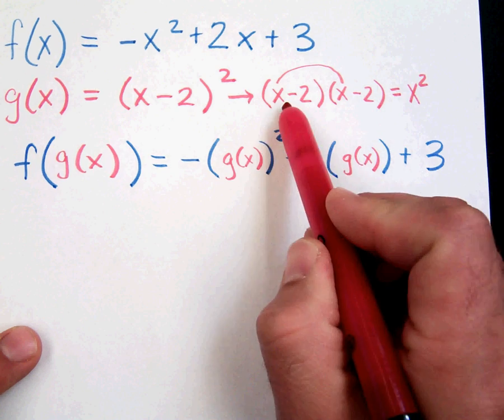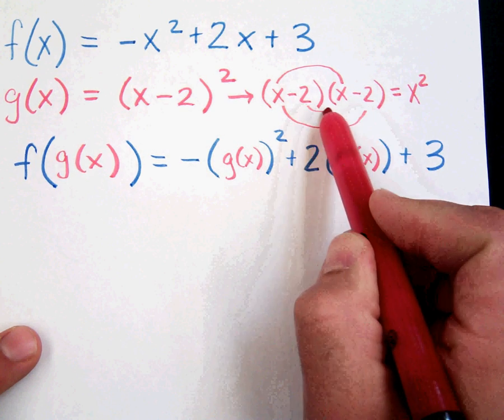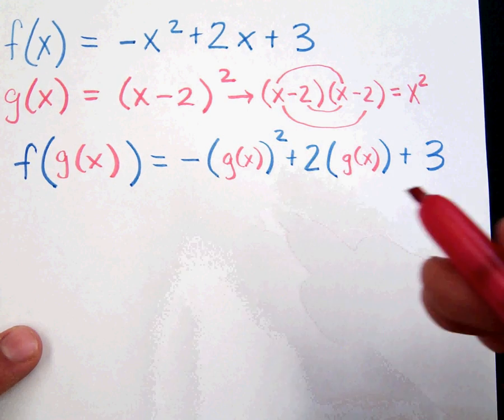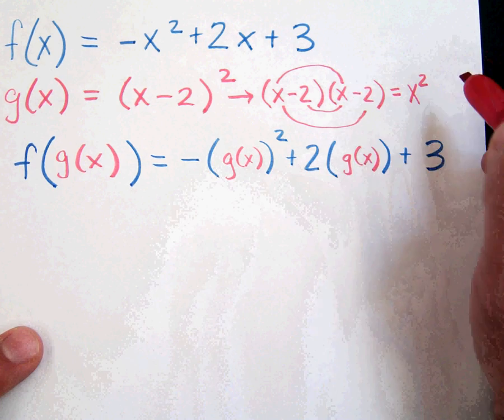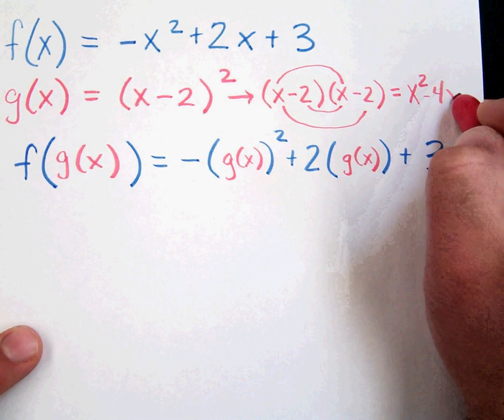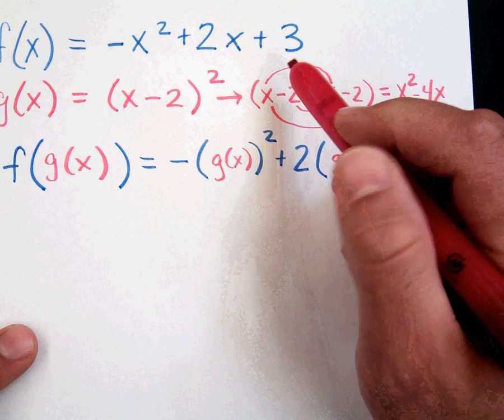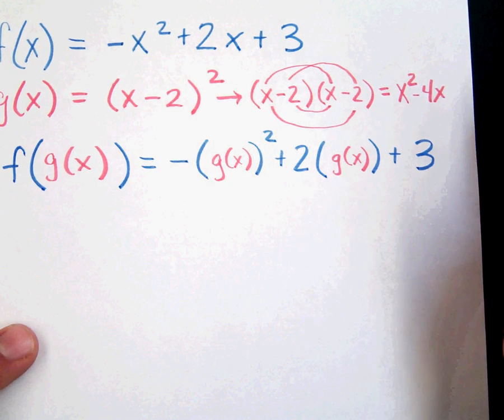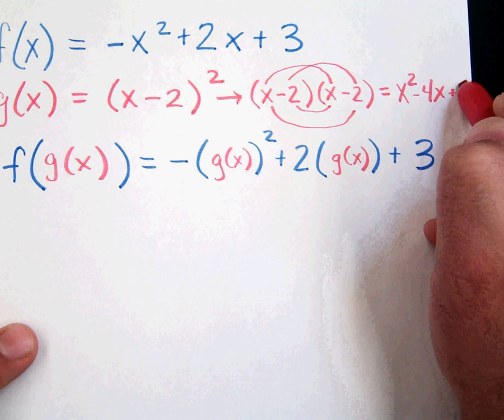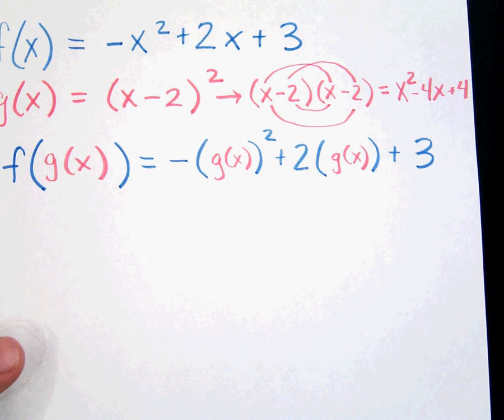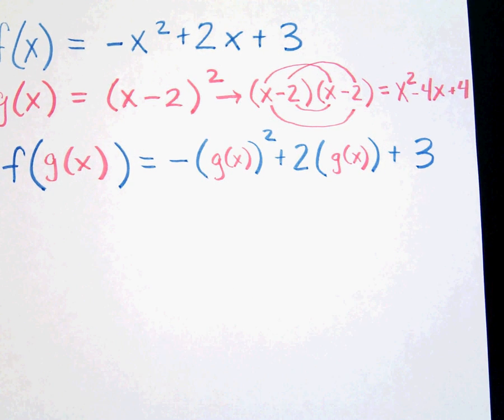When we do the outside and the inside, we end up with negative 2x and another negative 2x, giving us negative 4x. And finally, last times last is negative 2 times negative 2, which is positive 4. So that is our equivalent expression for g of x that I'm going to use inside this blue function.